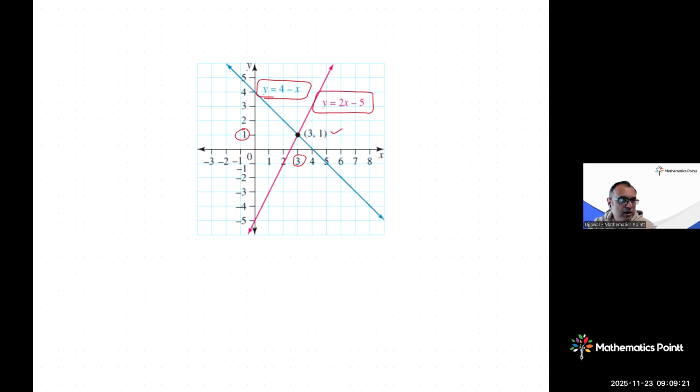So let's quickly go to the next page and try to find it. I'm writing the equations of the two lines again: y equals 4 minus x, and the other equation is y equals 2x minus 5.